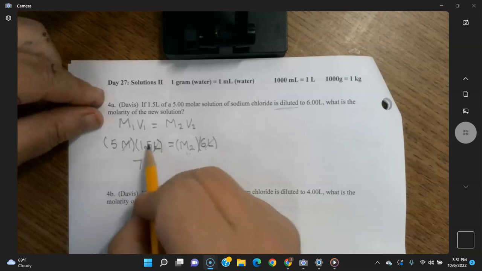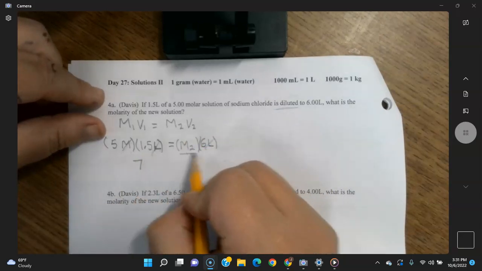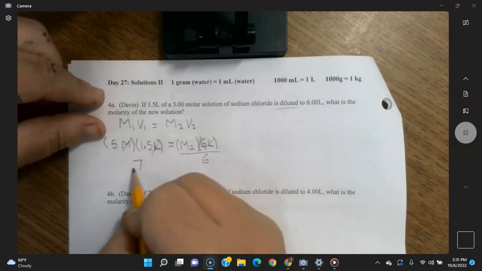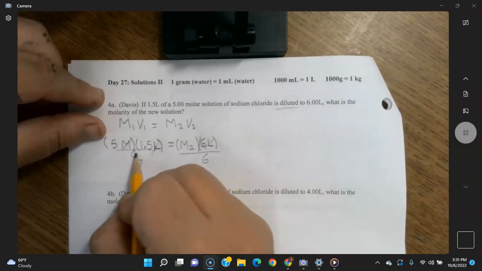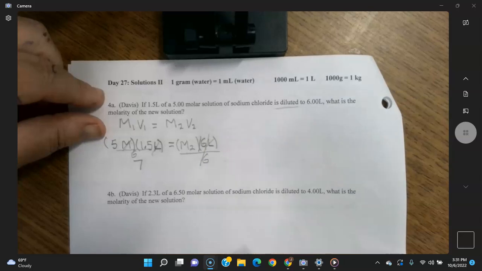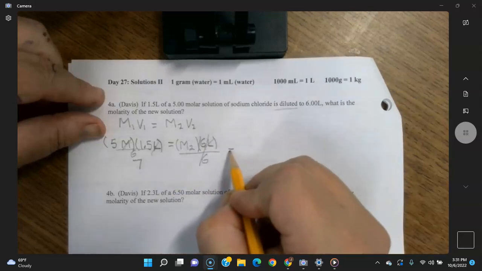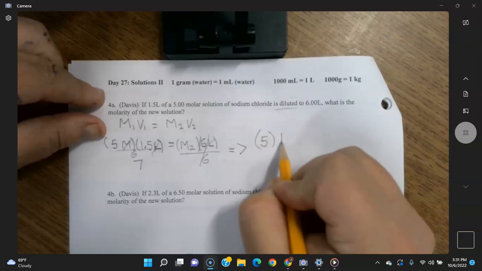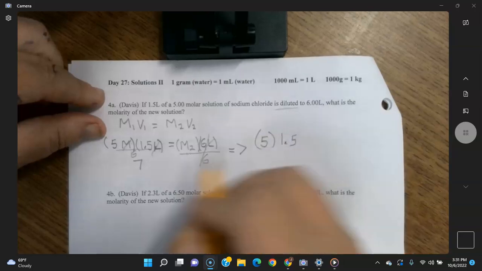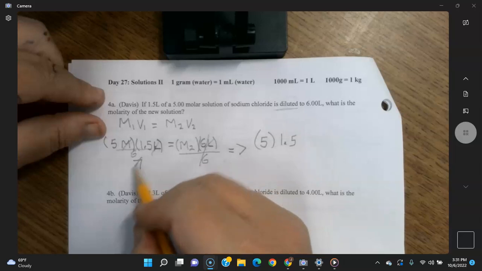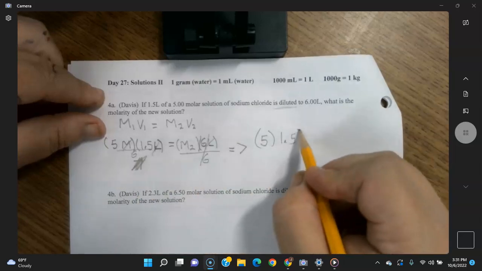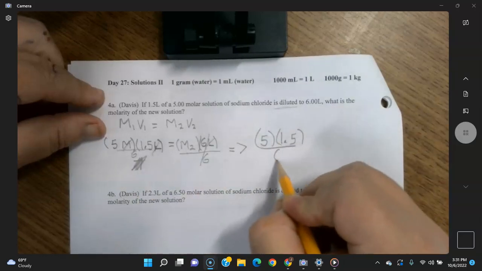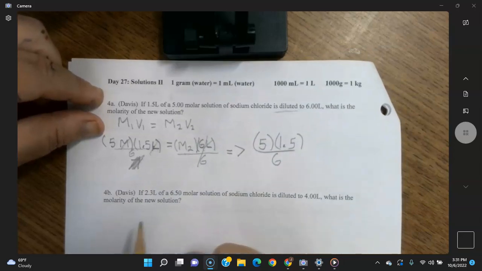So it's 5 times 1.5. And then you divide both sides by 6. So if I do 6 there and divide by 6 there, this cancels, and so I'll actually come over here and write it over here. That's going to give you 5 times 1.5, divided by 6, okay, just an algebra problem.